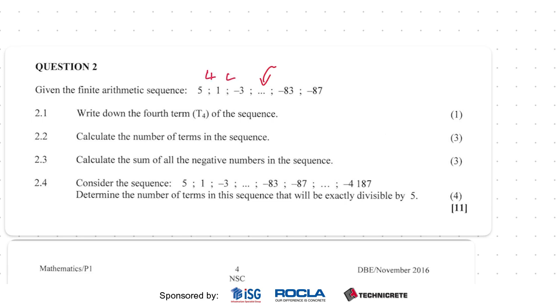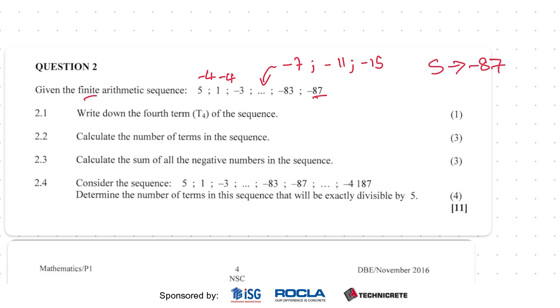We're basically subtracting 4, so negative 4 in each case. So the missing numbers, we can put in a few: negative 7, negative 11, negative 15, and all the way to negative 87 as the last term. And they told us it's finite. So we go from 5 to negative 87. That's the whole series.